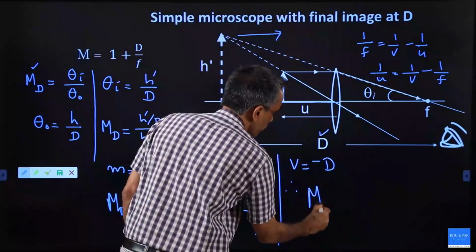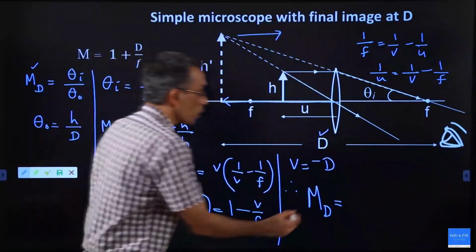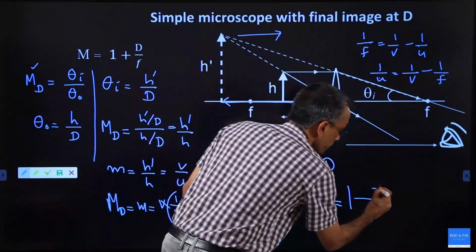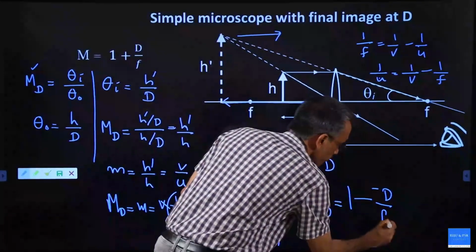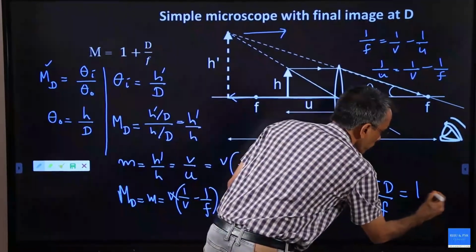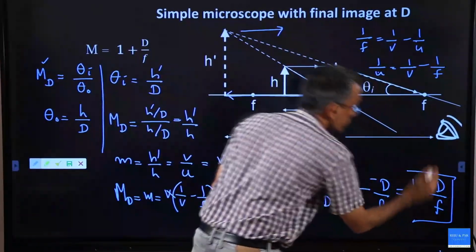Therefore, magnifying power at least distance of distinct vision will give you 1 minus v, where v is minus d, divided by f, because focal length is positive. So this gives you 1 plus d by f. This is the final equation.